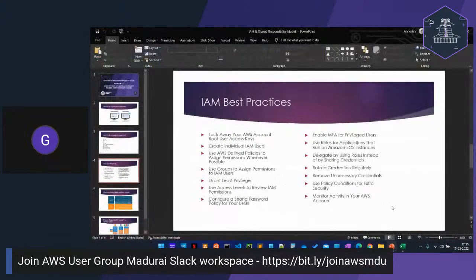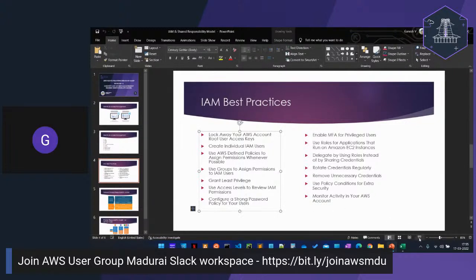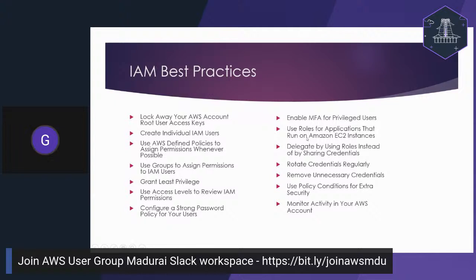So now back to the slide. This is what they have defined: you should have a strong password policy for the user. Then next, enable MFA for the user. We have seen that multi-factor authentication is always better than a single factor, so we should enable that. Then use roles.